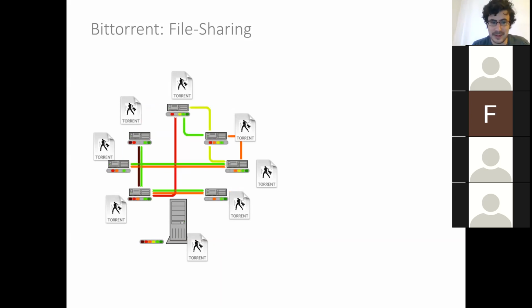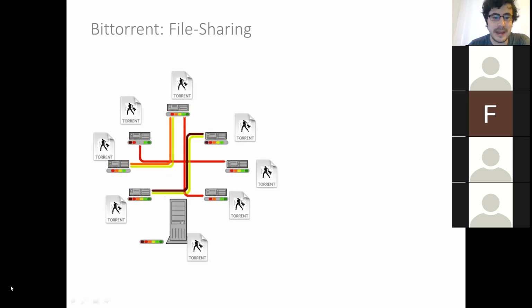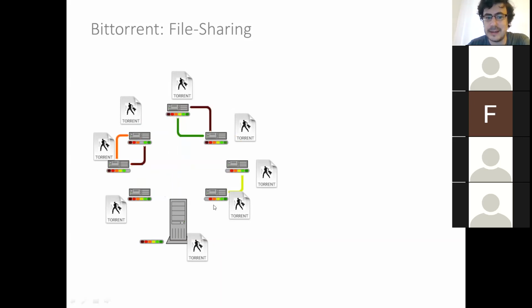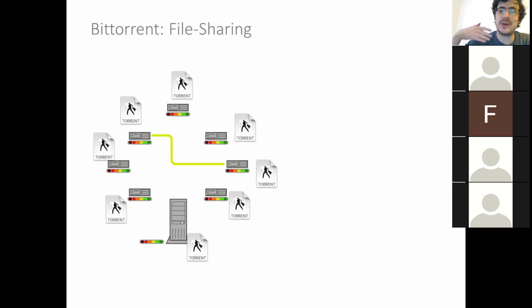So the torrent protocol has various algorithms to be able to efficiently share the data in the network, and to ensure that there is at least one copy of every block, to try to maximize the probability of that happening.